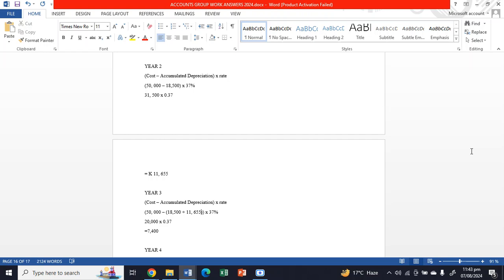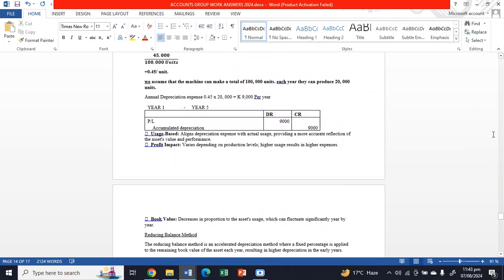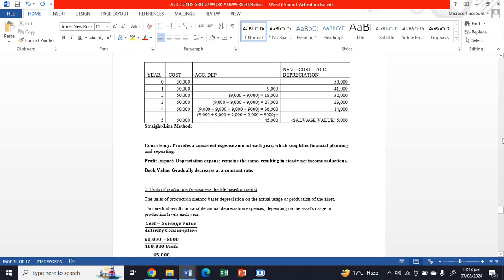So there was a second part of this question which says, how do these methods of depreciation affect the financial statements? Okay, for the straight line method, in terms of the statement of profit or loss, you're going to have a fixed expense. Your profits, the amount of profit you make, can be changing, but that depreciation expense is going to be fixed.